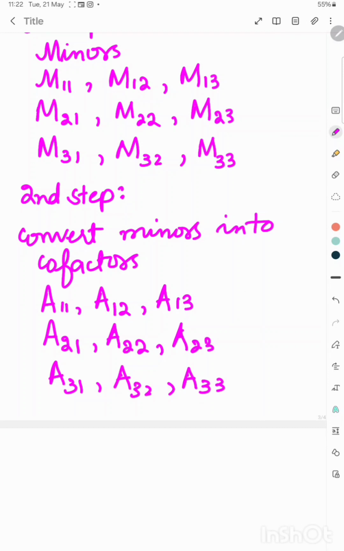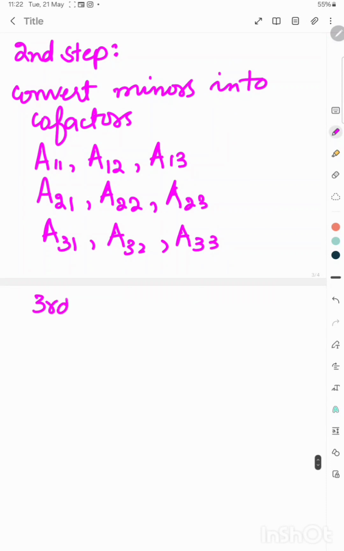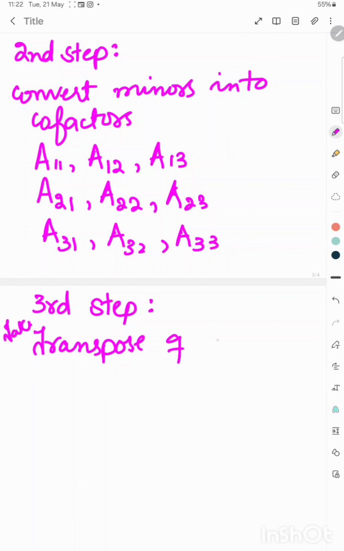These will be our cofactors, and in the third step we will take the transpose of our matrix which contains cofactors. Okay, and then when we take the transpose of the matrix which contains cofactors, we will get the adjoint of A.